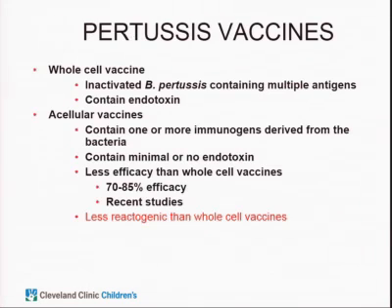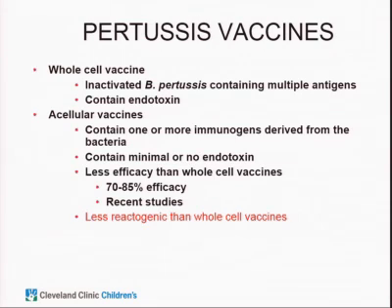Okay? All right. So as you know, pertussis vaccines today are acellular in nature, unlike the previous whole cell vaccines, which contained inactivated pertussis containing multiple antigens and contained endotoxin, which were probably responsible for the adverse effects that we used to see with whole cell vaccine.